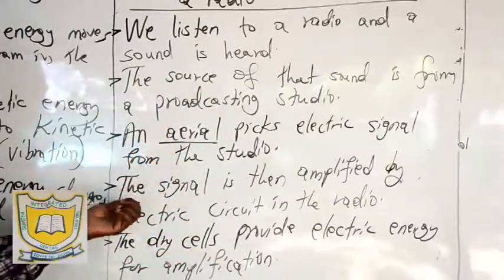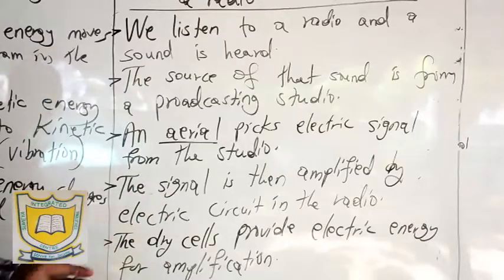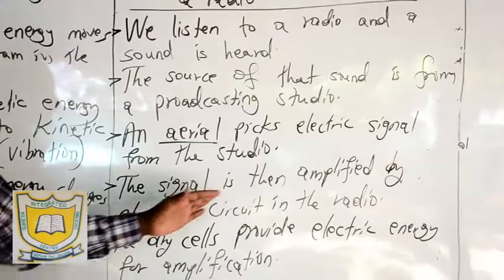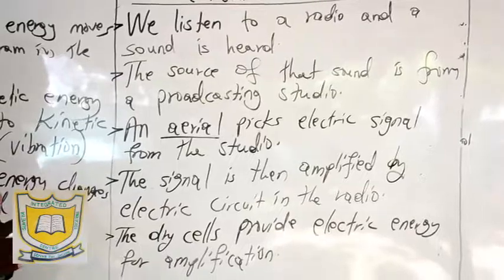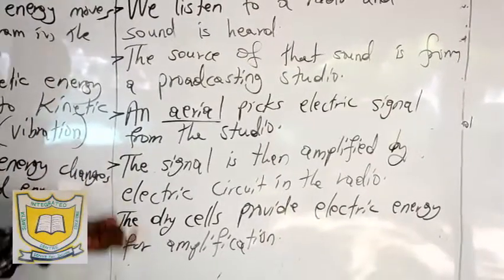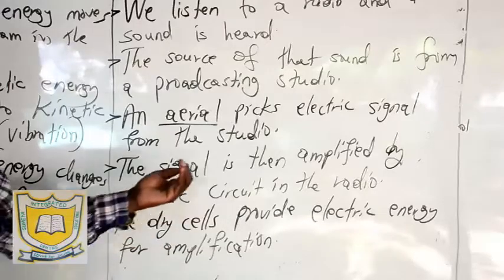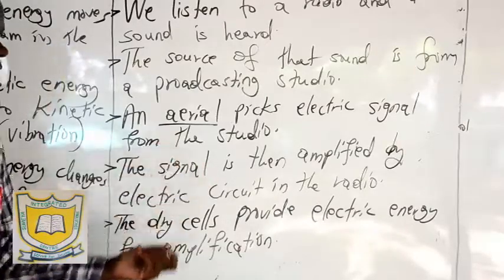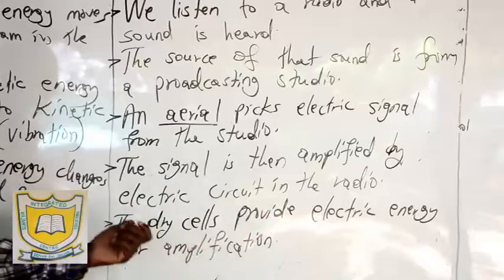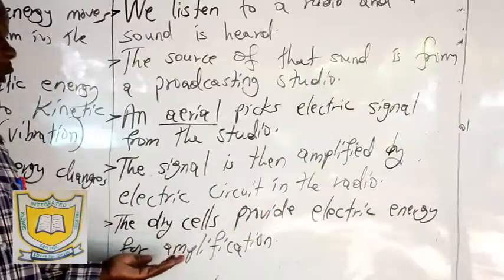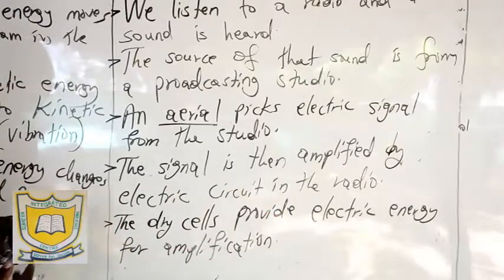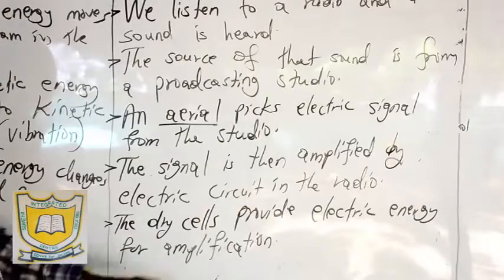Then the signal is amplified by the electric circuit in the radio. Where is the source of energy? The source of energy is from the dry cells, which have chemical energy, so that the circuit can have that power to transmit the signal.